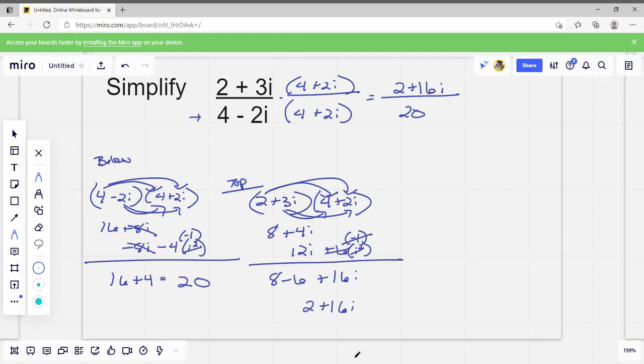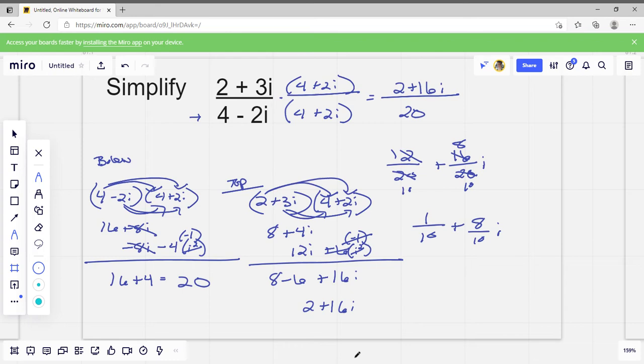Okay, now to cancel these, there's a couple ways you could do it. You could go ahead and break it down and put 2 over 20 plus 16 over 20i. That's probably the easiest way to do it. Then you just reduce these fractions. A 1 there and a 10 there. So you'd have 1 over 10 plus 8 over 10i.